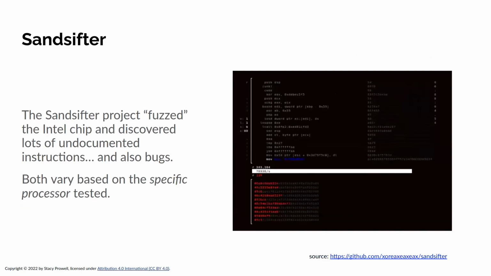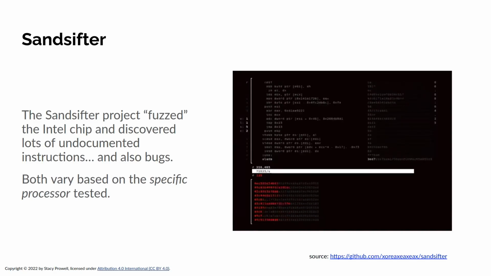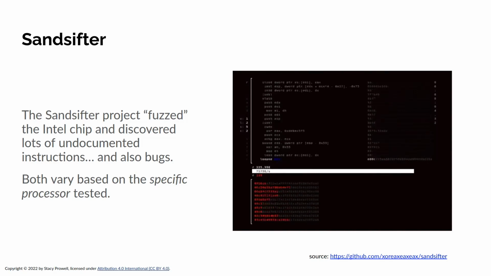He basically, if you're familiar with the notion of fuzzing, he fuzzed the processor in order to plow through all the different, the quintillion different possible instructions. He fuzzed the processor to get some of that, and you can go and download the code and do it yourself if you'd like. And you may want to have him talk about it.